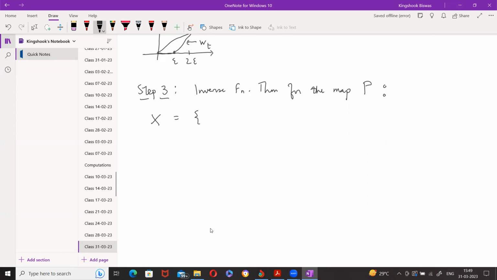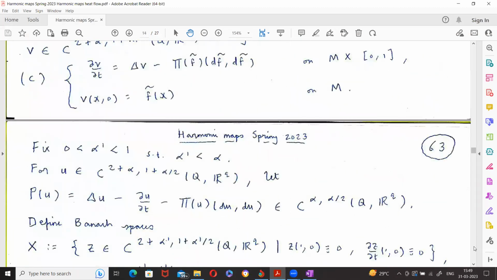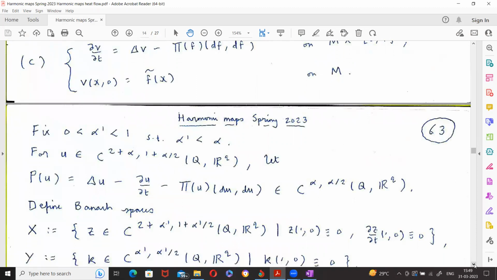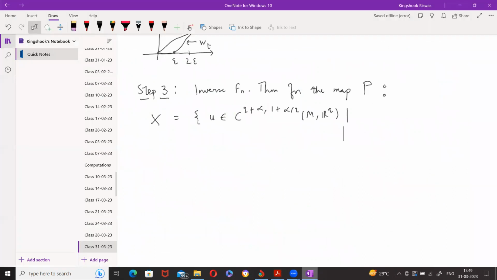X is the set of U in C^{2+alpha, 1+alpha by 2}(M x Q), such that, let me just check, yeah, actually alpha prime. So at time 0 it is 0 and the time derivative is 0. Okay, fine. So let me call it Z.